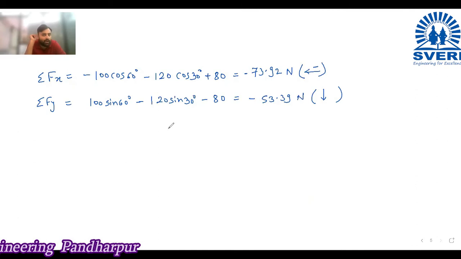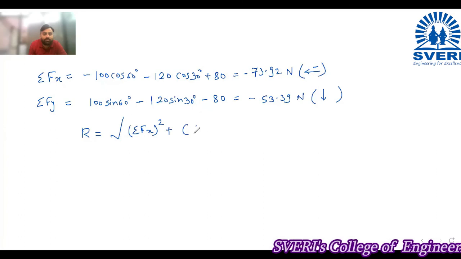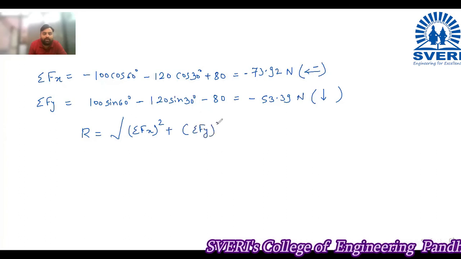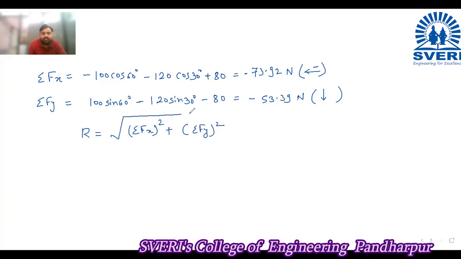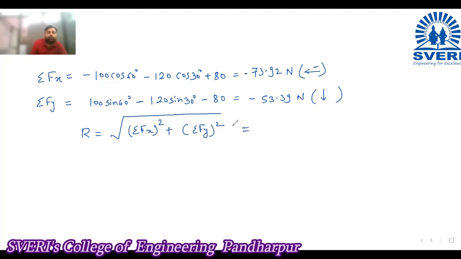So now calculate R, the resultant. R is equal to under root summation fx square plus summation fy square. Now whichever sign you take, put the values and let me know the answer. I am not going to write the values, you put the values.